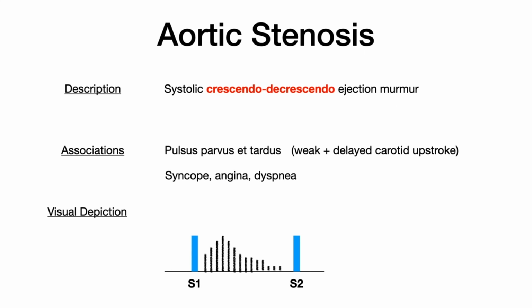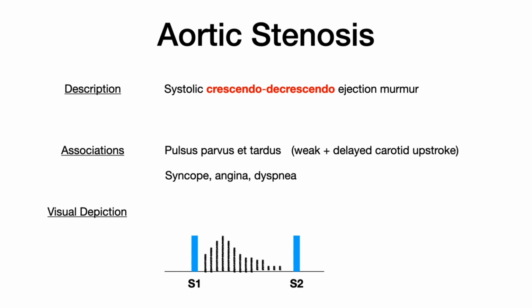Now, the associations of aortic stenosis, there are a few. The first one is called pulsus parvus et tardus, which is a fancy way of saying that there is a weak and delayed carotid upstroke. Now, on clinical exam, you can actually palpate somebody's carotid upstroke.